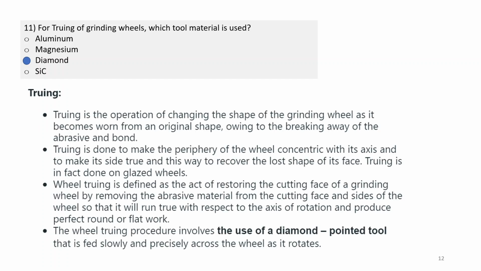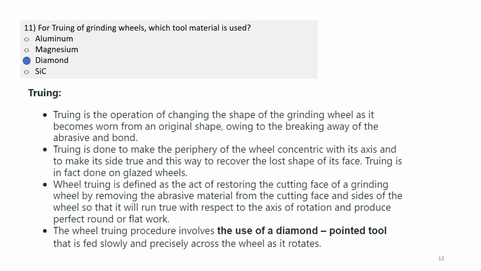For truing of the grinding wheels, which tool material is used? Your options are aluminum, magnesium, diamond and silicon carbide. Answer will be diamond.